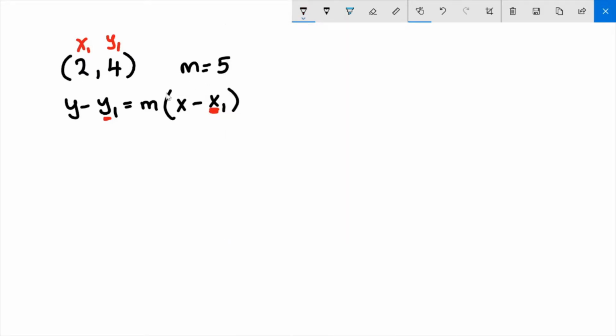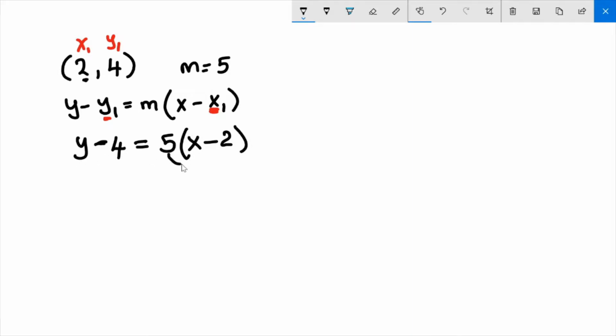So this is how we proceed. We say y minus, in this case y1 is 4, so y minus 4 equals m. Remember m is 5, times (x minus x1). x1 is 2 here. And then you have to simplify this equation.